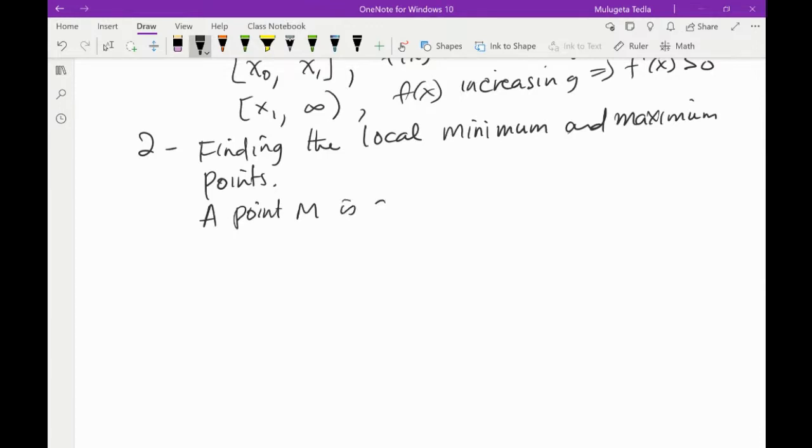A point x_M is called a local maximum point if in the neighborhood of the interval of x, that is a maximum number, right?